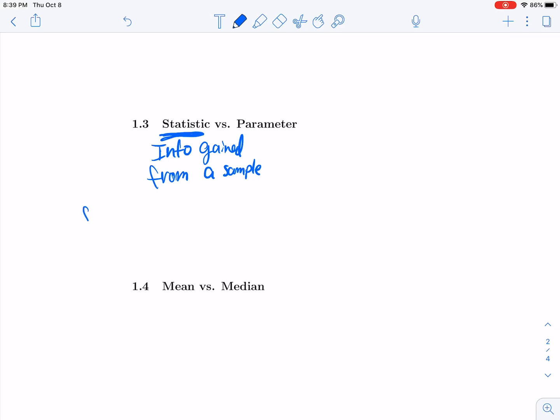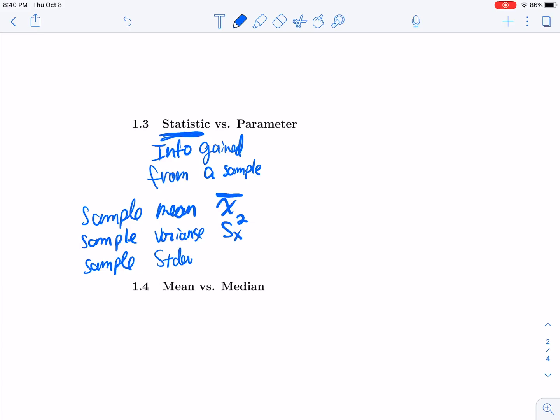For instance, the sample mean, which was X bar, sample variance, which was SX squared, sample standard deviation, which is SX. We can calculate these about the sample.